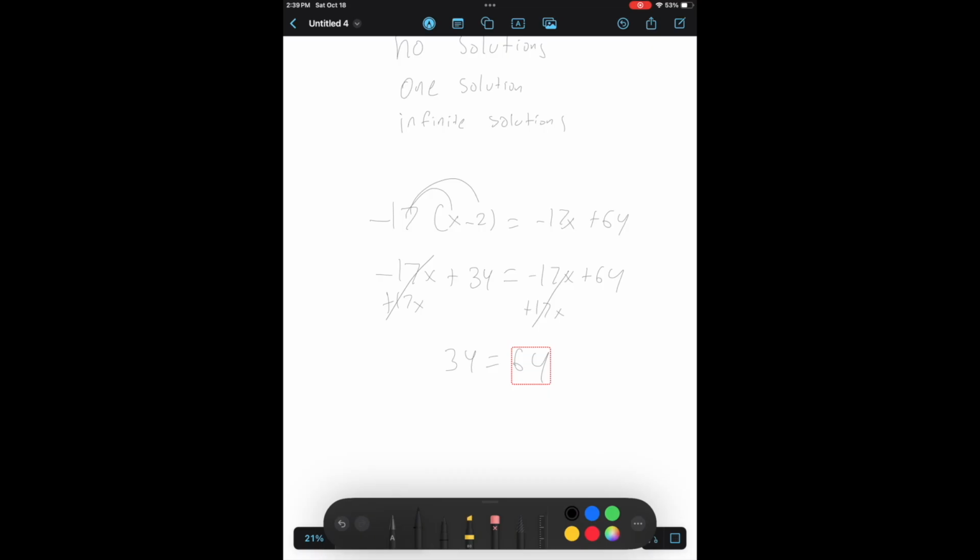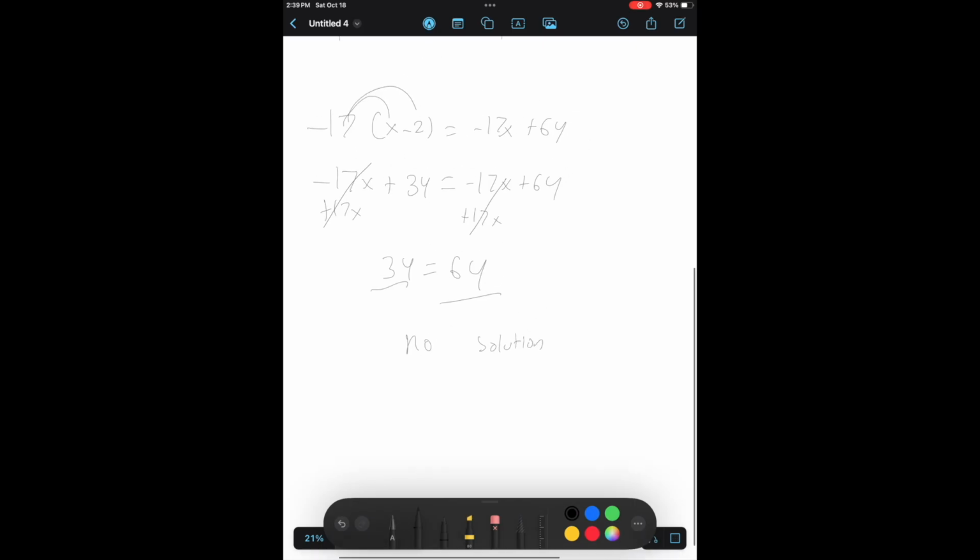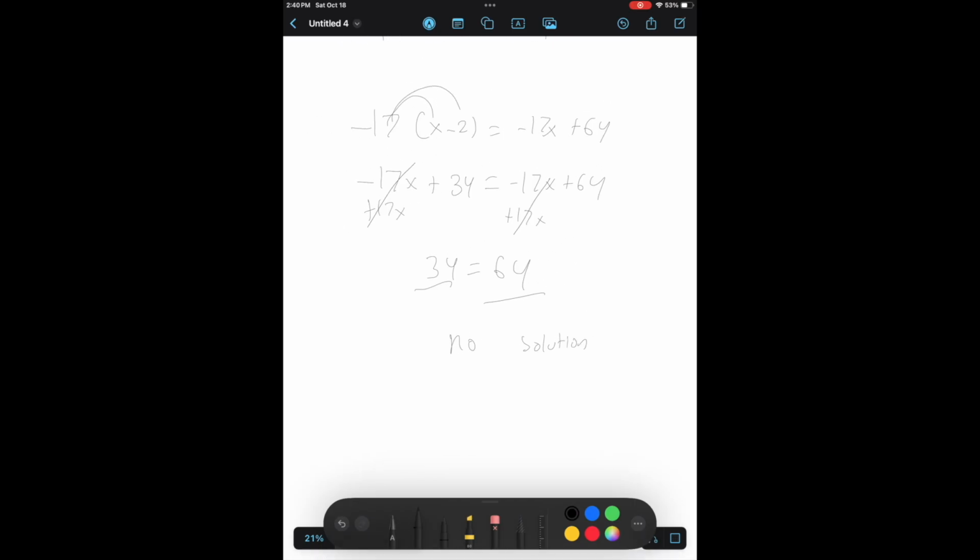Whenever you get a number that does not equal another number, one number here and a different number on the right side of the equation, this means there is no solution to the equation. We will explore this more when we deal with lines and the xy coordinate plane. But for now, the most important thing to know is if you get something like this, there's no solution, and if you get something like the previous problem, there are infinitely many solutions.